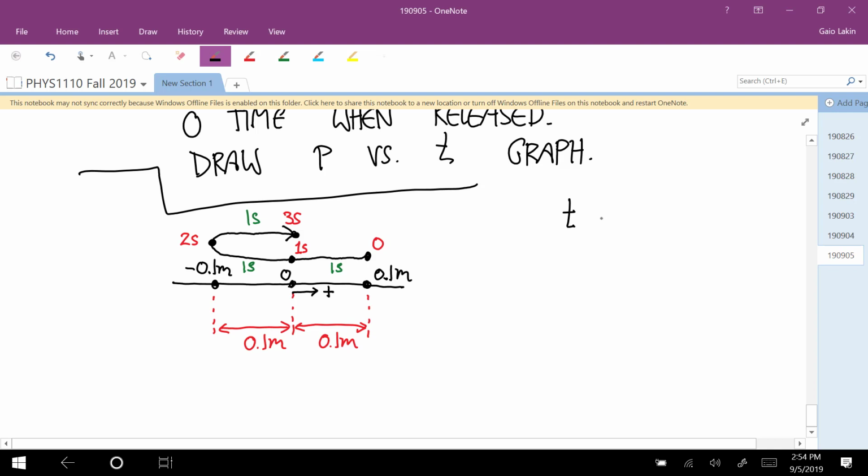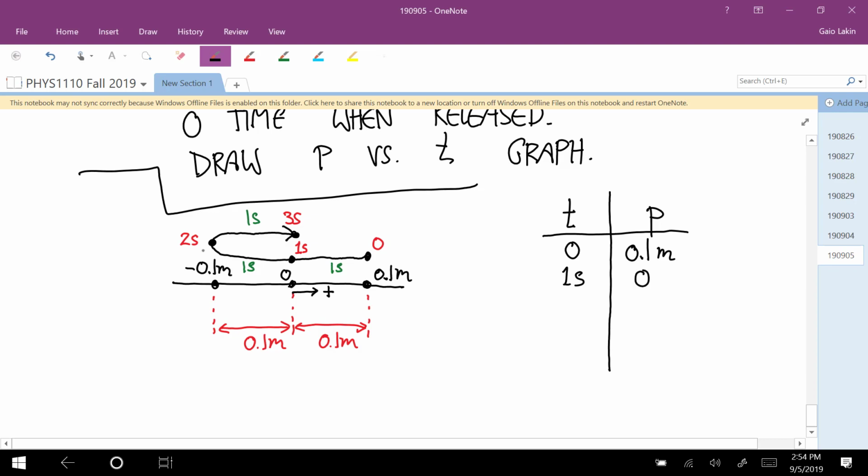And if I put these in a table, at that first instant, when it's released from the right, the time is 0. The position is positive 0.1 meter. At the second instant, the time is 1 second, and the position is 0.